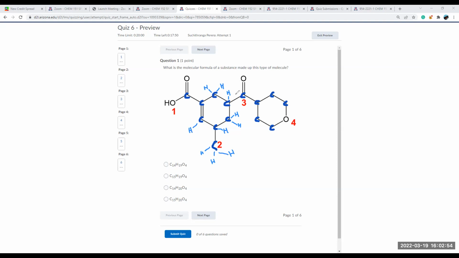And then on the other side, this carbon is good, and for this carbon I need 1 more hydrogen. We need 2 more bonds for this carbon, and okay, 2 more here, and then 2 more here.